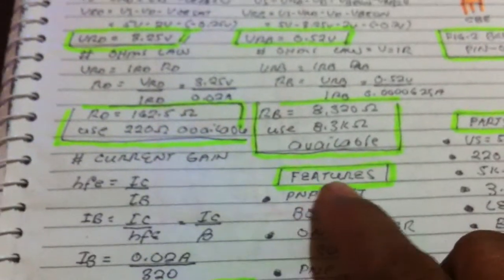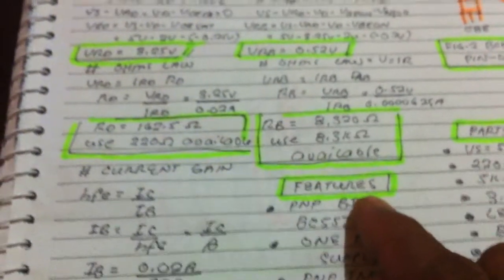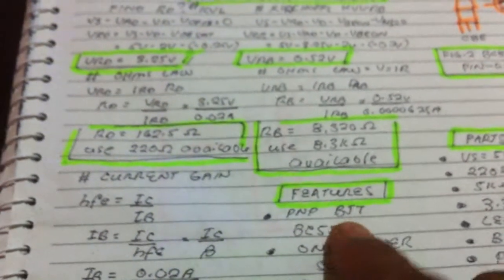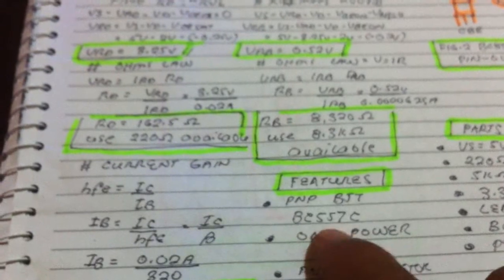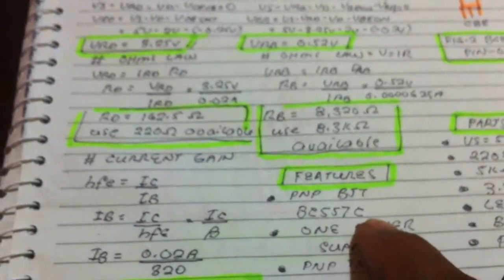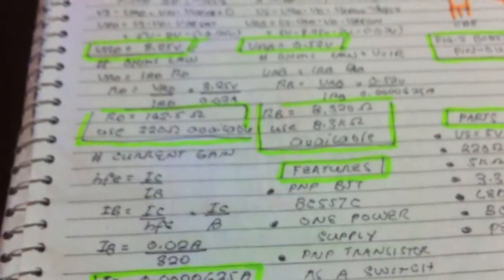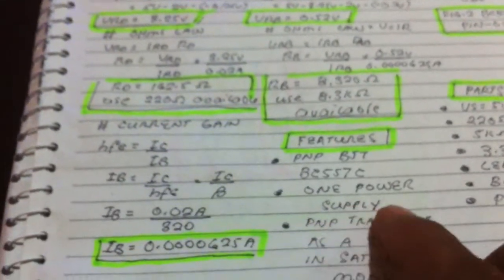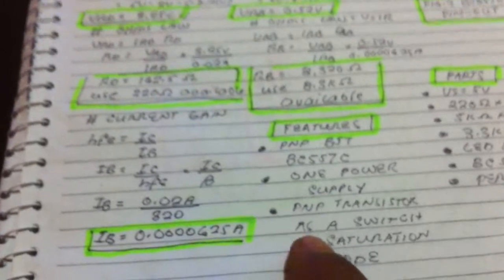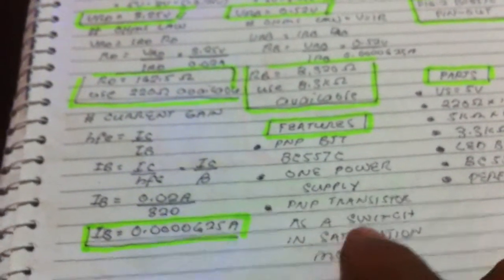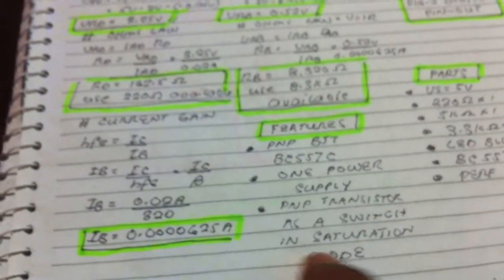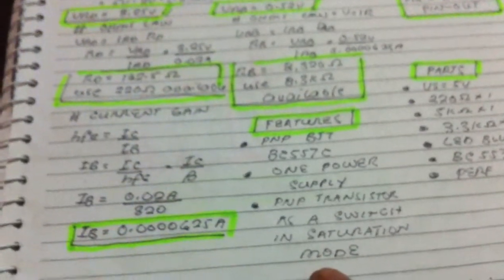We have features here: PNP bipolar junction transistor BC557C. So this design, we're using BC557C, and we're using one power supply, and the PNP transistor is used as a switch operating in saturation mode.